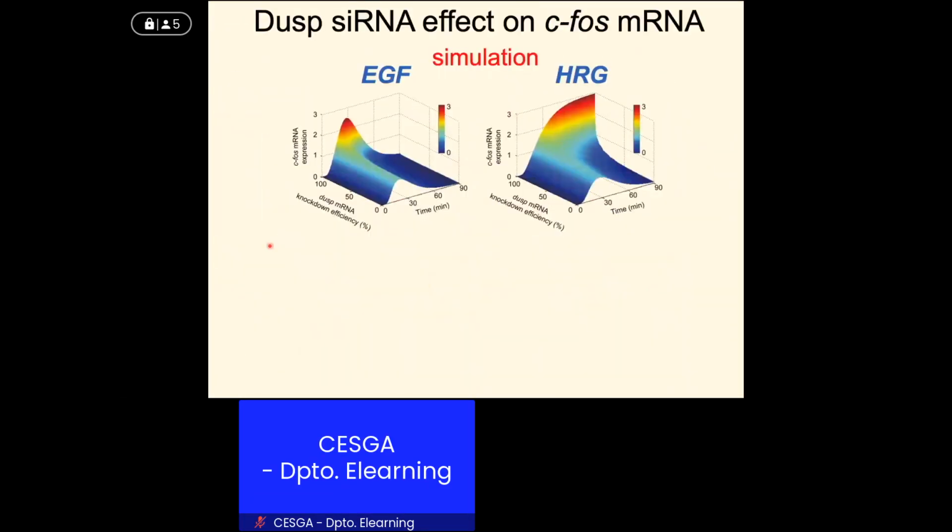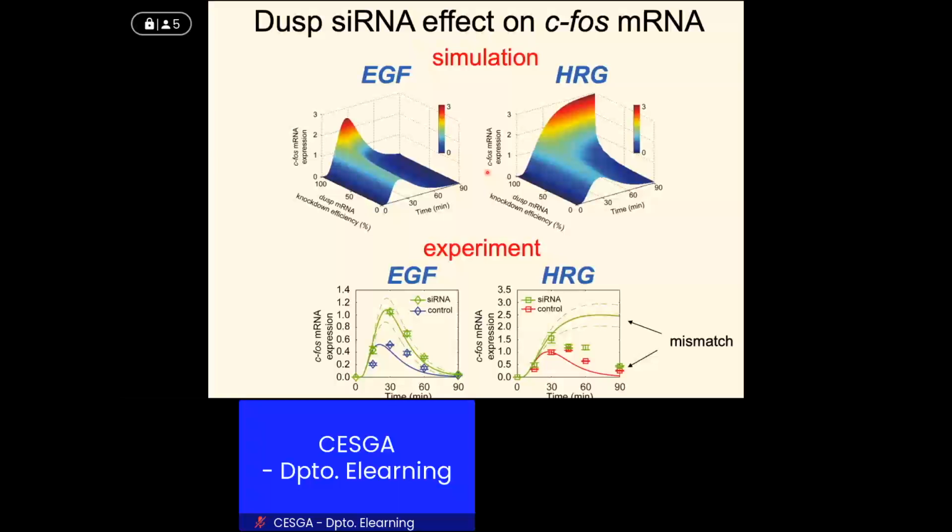And then we performed the simulation of the knockdown. Knockdown is just killing this DUSP, and also seeing its effect on the c-Fos mRNA in the EGF and the heregulin condition. And actually, you can see the difference in how this DUSP knockdown affects c-Fos in the EGF and the heregulin.